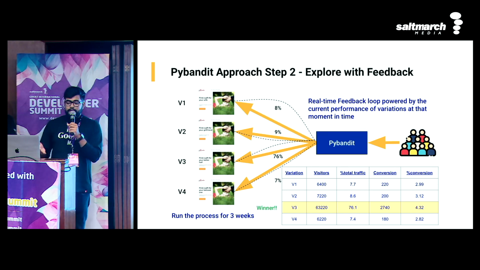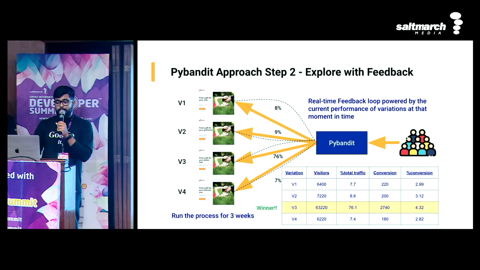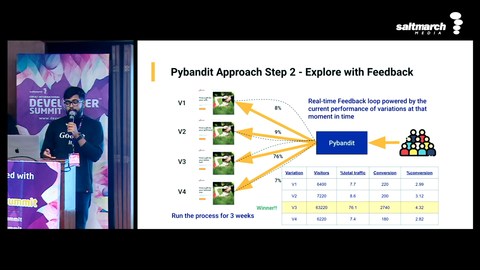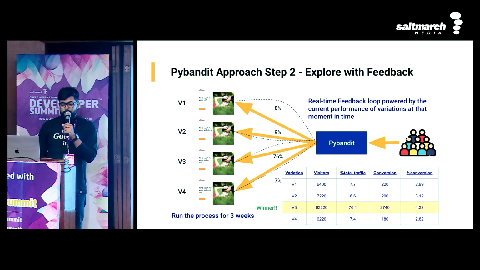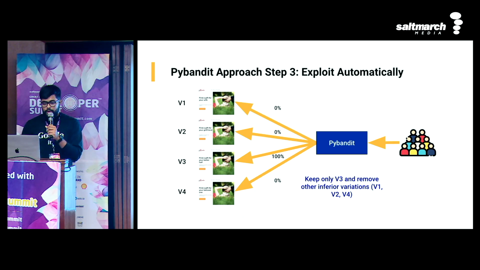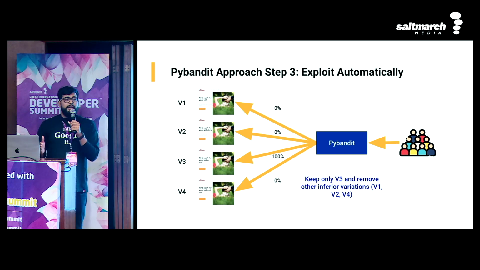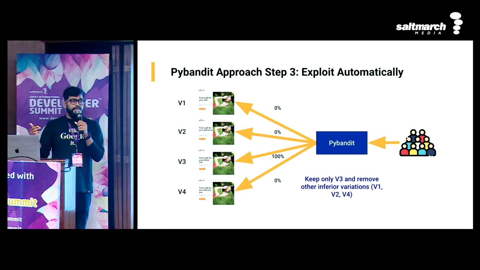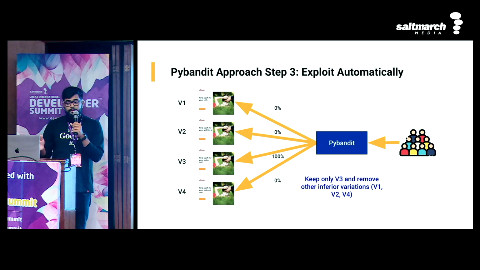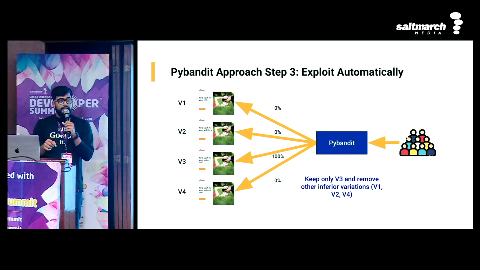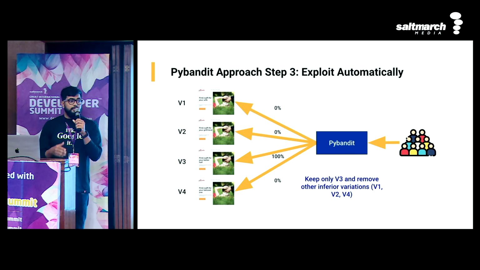So here the traffic is almost 76% of the total traffic, and it is enjoying almost 4.3% conversion rate. Pybandit works till 100% of the traffic is directed towards the superior variation.